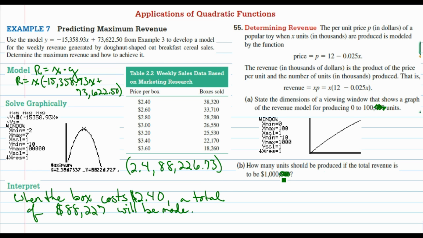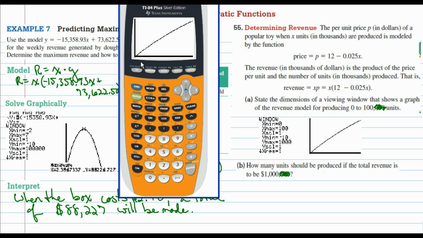I'm actually going to enter in 1,000 into y2. So this 1,000 in y2 actually represents $1 million. Again, more complicated than it needed to be. That's fine. So let's hit graph and see how the window is so far.